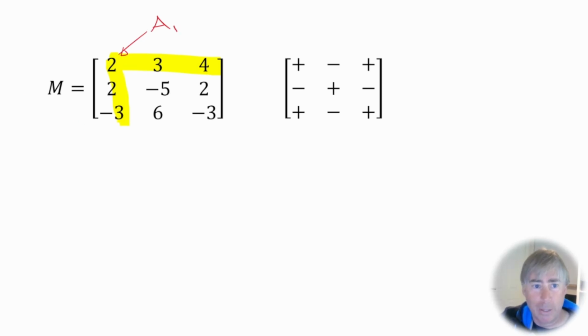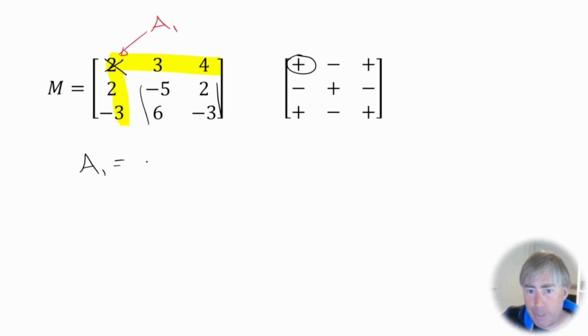I'm going to call that A1, as I've just described. Okay, and notice our element A1 is affected by the positive in my matrix of signs, and we're left with a minor matrix, negative 5, 2, 6, negative 3. So I can find A1 is just equal to, remember, I do not multiply by 2 in this case.